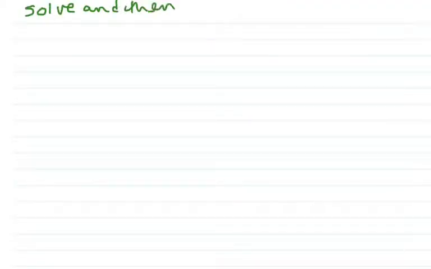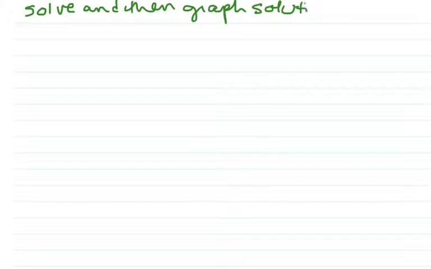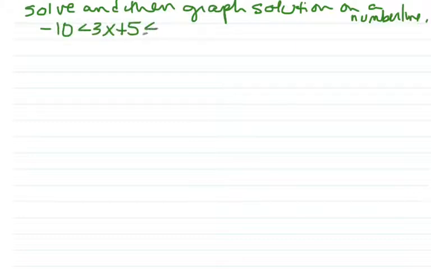So, what are we going to do with this? Let's solve some. Solve and graph the solution on a number line. Same instructions as last time. So here's our little compound inequality, and you can just tell by looking at it it's going to be an AND graph. It's really two problems in one.